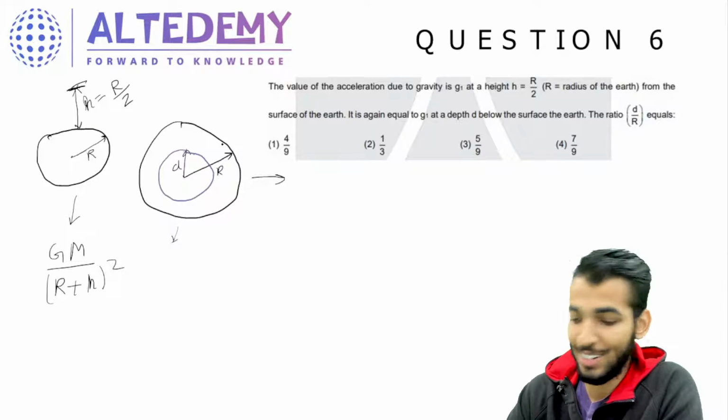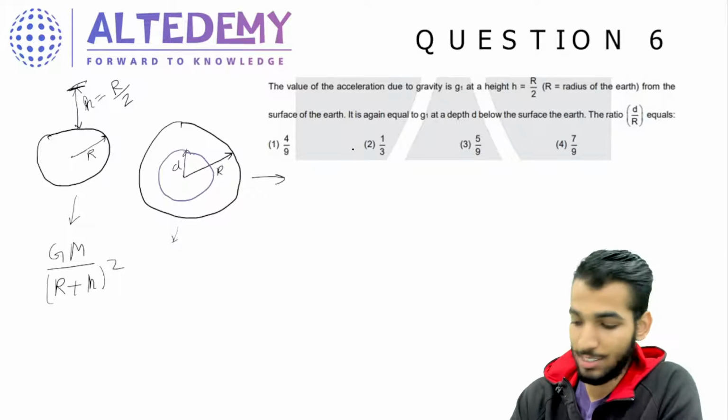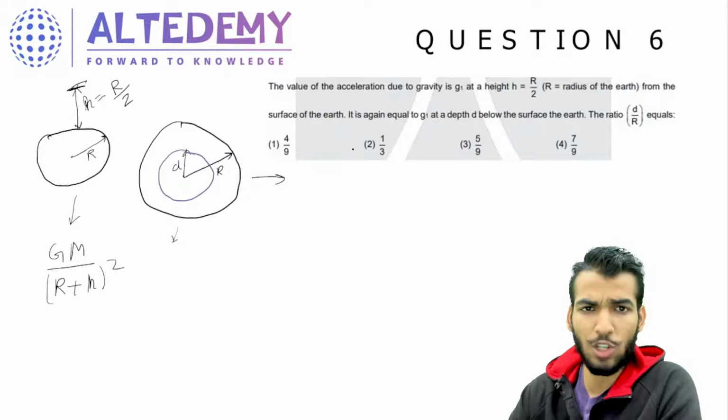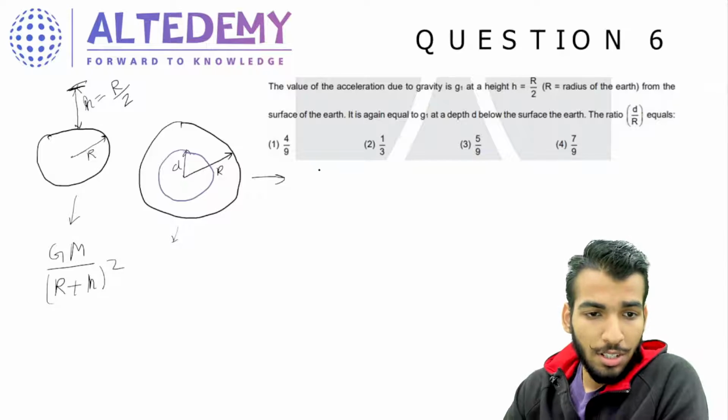It's a great thing to do with maths, but take it as a fact. I will be teaching gravitation and explaining why it cancels. It's a big topic, so there's no need to worry about it.